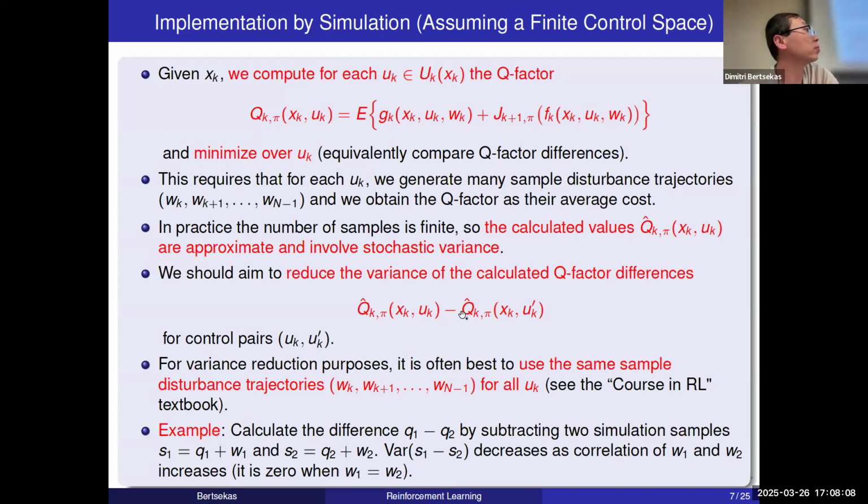Yes, please. Okay, let's say Q1 is in fact the smaller value we want to compute, right? And Q2 is the larger value. And suppose that we have the W1 selected when we measure Q1.